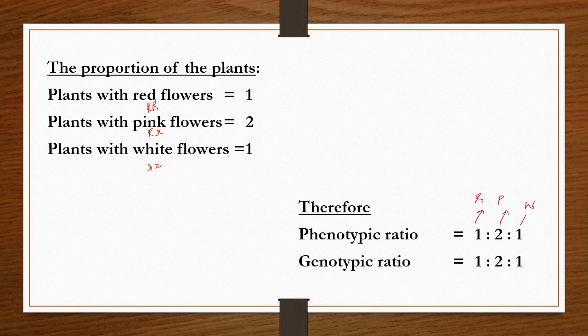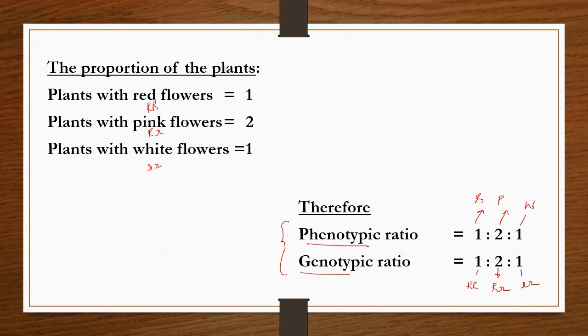The one plant with red flowers is always capital R capital R, the two plants with pink flowers have capital R small r, and the one plant with white flowers has small r small r. So this is a speciality in incomplete dominance: both phenotypic and genotypic ratios are the same, 1 is to 2 is to 1.